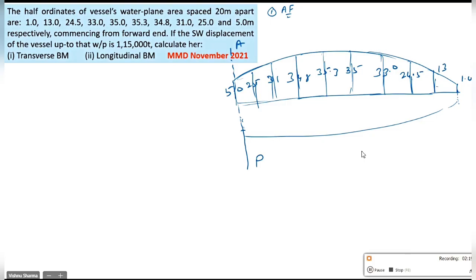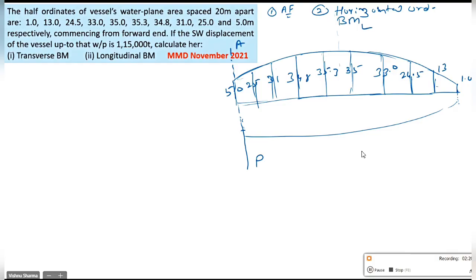Now, for BML, if full ordinates are given, you can use the full ordinates. If half are given, you can use the half. For BML, there is no such condition. Why? Because in this case, when you draw the FF like this, it will be a case of horizontal ordinates. For BML, do you agree? Yes or no, beta? Yes, sir.